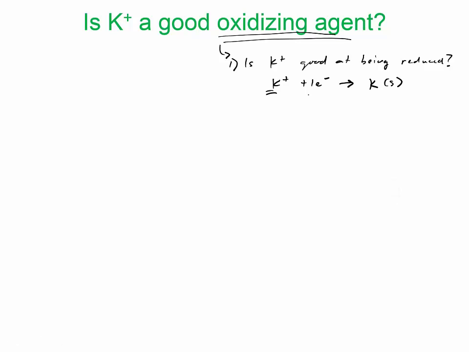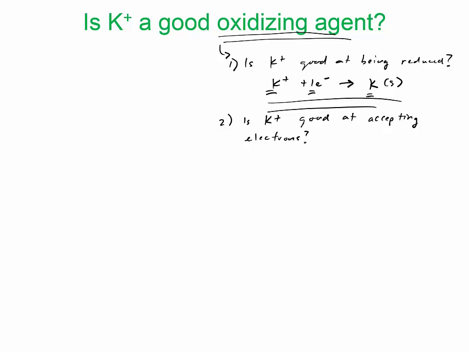If we have a 1 plus and we accept electrons, then it will no longer have the charge. It gets reduced from plus 1 to a 0 charge. Does that happen easily? Is K plus good at accepting electrons?